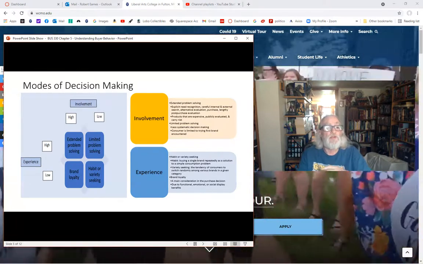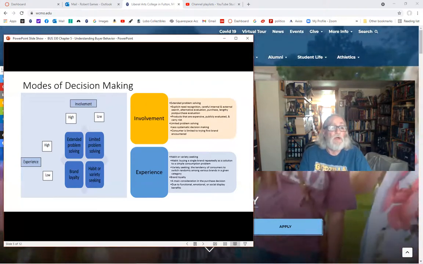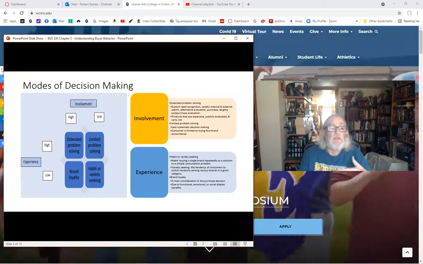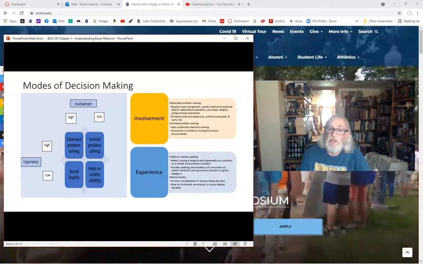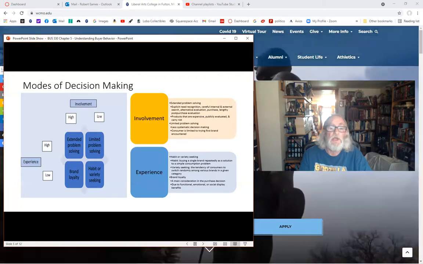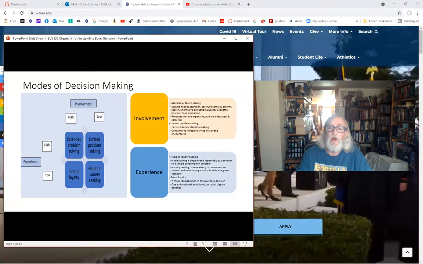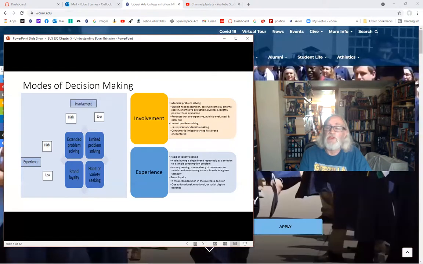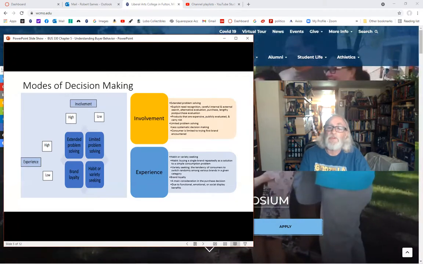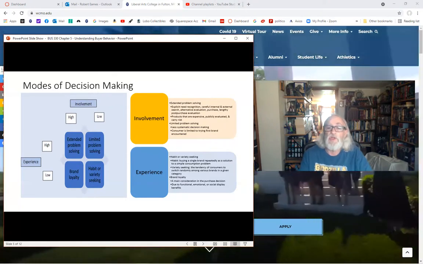And so then we look also to experience, high and low experience. Experience can be defined by brand loyalty, or we could define it in the sense of habit or variety seeking behaviors. So let's talk about habit or variety seeking first. When we have a habit, when it comes to brands and products, it really means we buy a single brand repeatedly, and it's a solution to a simple consumption problem we have, and we do it over and over all the time, and we don't change our behavior.